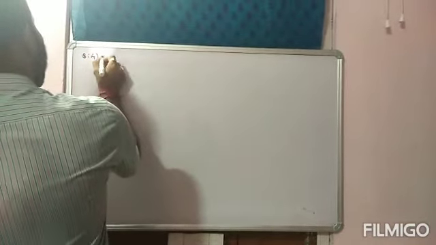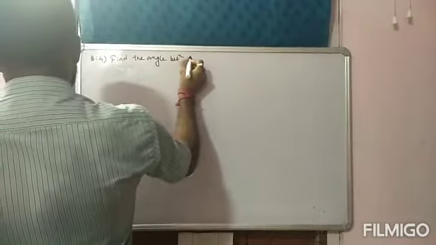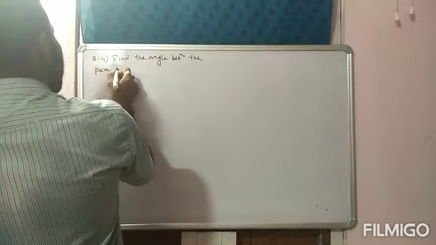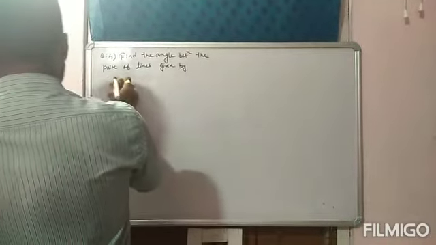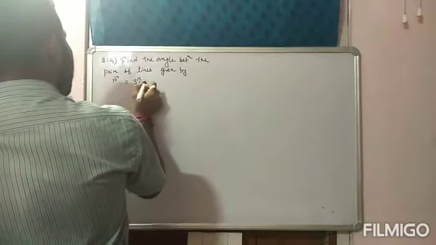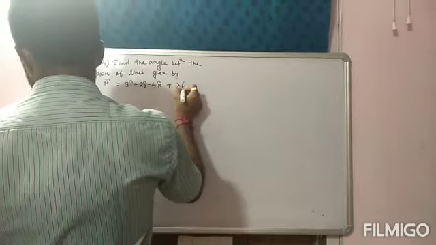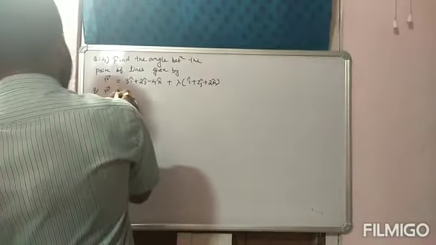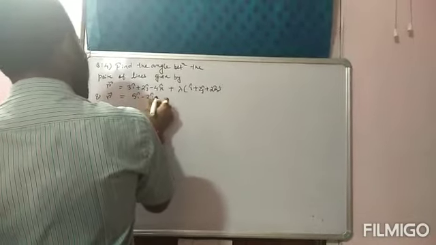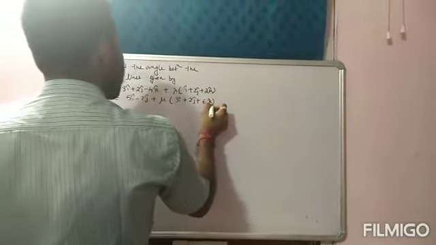So the next question is, find the angle between the pair of lines given by r bar is equal to 3i cap plus 2j cap minus 4k cap plus lambda into i cap plus 2j cap plus 2k cap, and r bar is equal to 5i cap minus 2j cap plus mu into 3i cap plus 2j cap plus 6k cap.